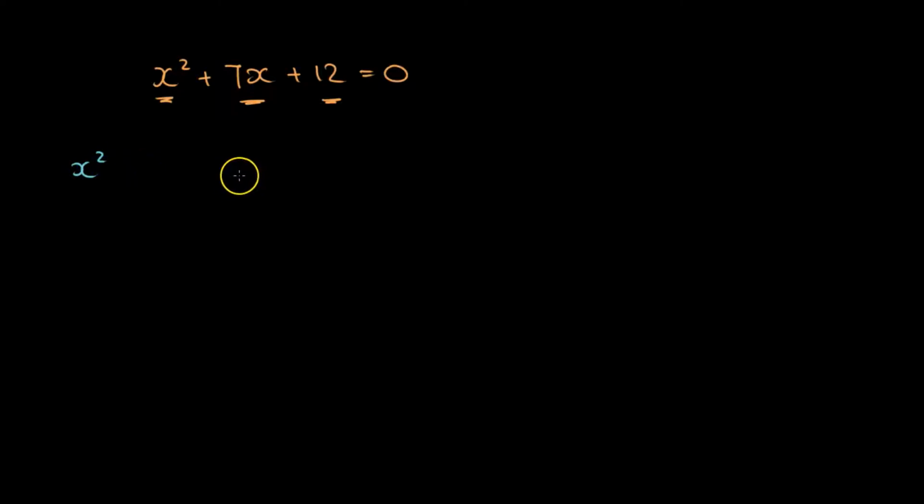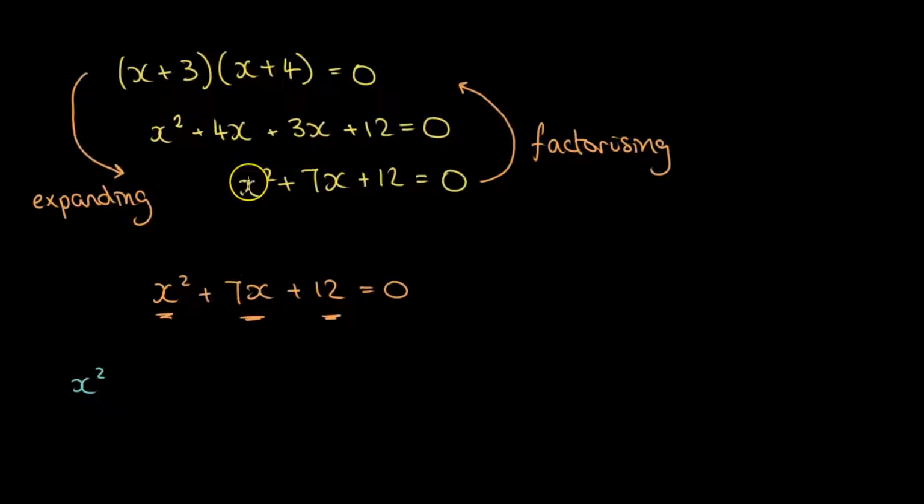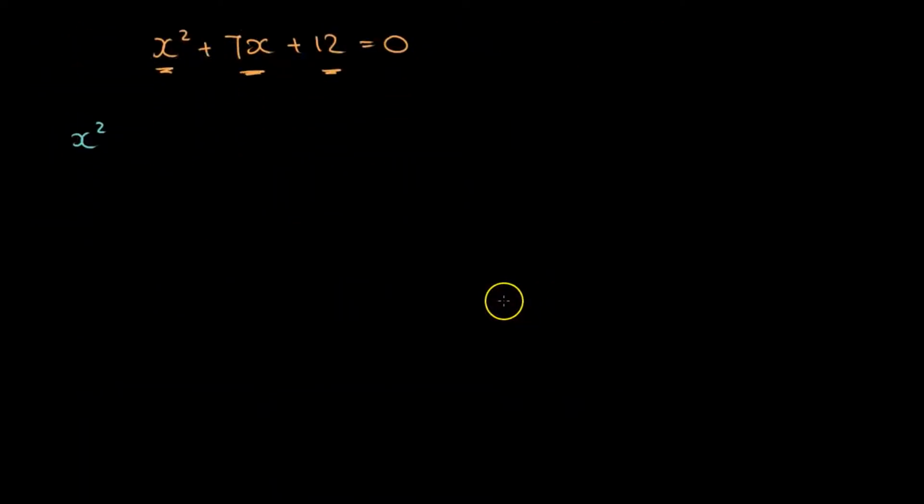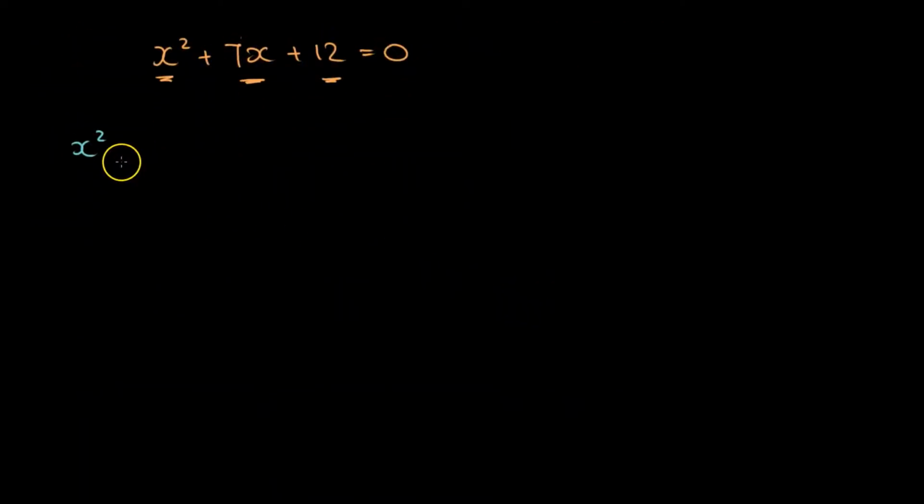So let's think about how we're going to make x squared, first of all. Well, if we are multiplying 2 brackets together, we're going to need 2 things that multiply together to give me x squared. If we go back and have a look at our brackets, we'll see that our first term came from x times x. So here my x squared is going to be coming from 2 x's multiplied together.